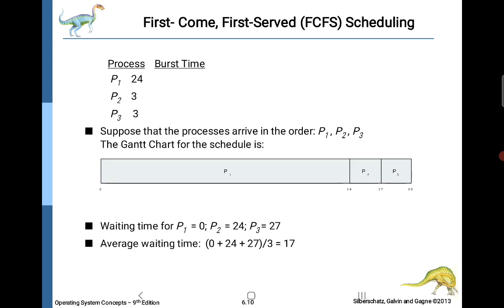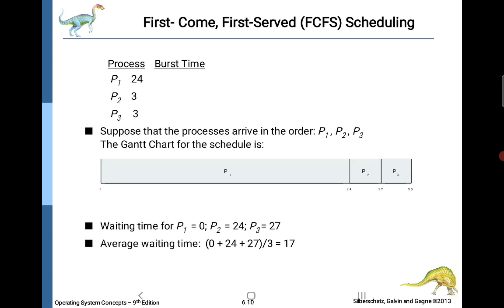Its waiting time is 0 because it was the first in the CPU. P2 will start after P1 finishes. Then P3 will start after P2 finishes.